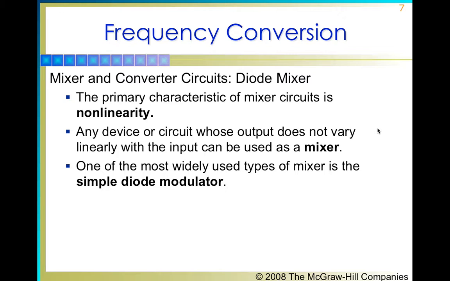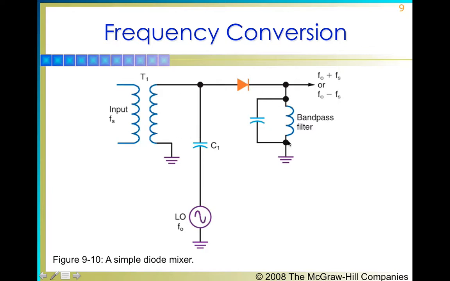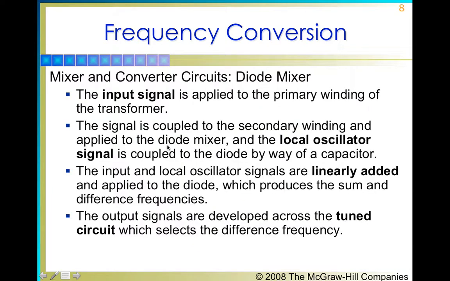Mixers are usually non-linear in nature, where their output is not dependent linearly on their input, and they are most commonly a kind of simple diode modulators. The diode mixer is a kind of mixer where the input is applied to a primary winding of the transformer, like in this circuit over here, and the signal is coupled to the secondary winding and applied to the diode mixer, and the local oscillator signal is coupled to the diode by way of a capacitor.